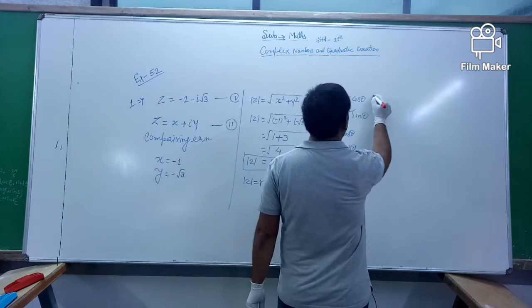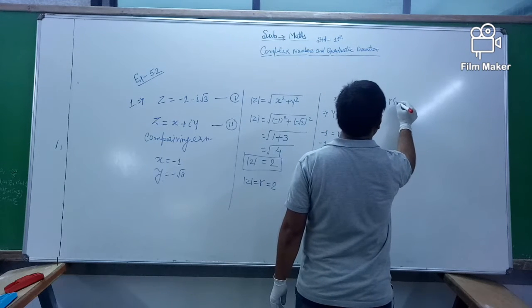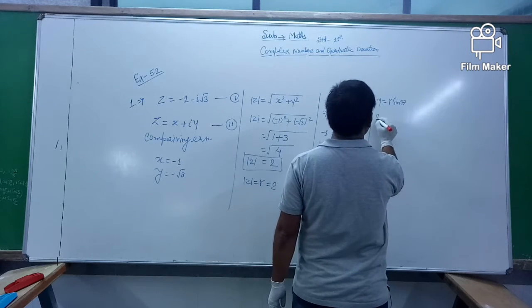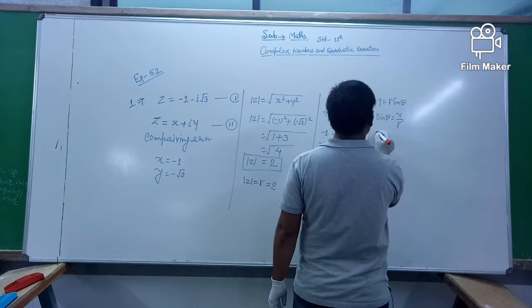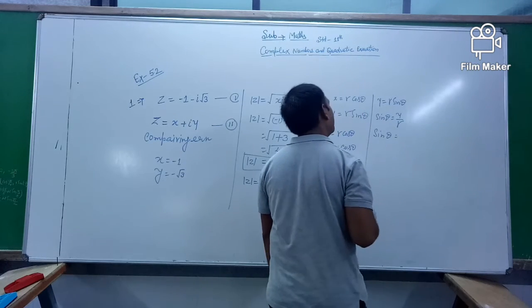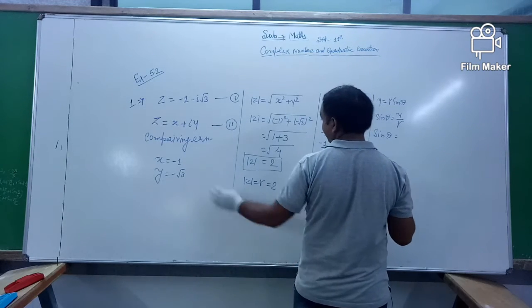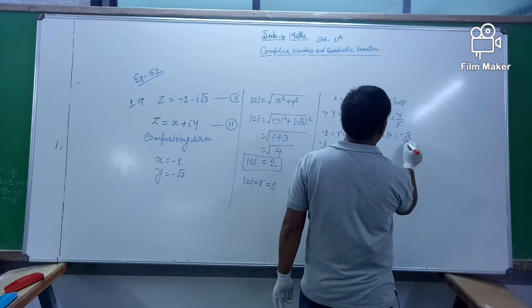Similarly, you take the value of sine, y is equal to r sin theta, either sin theta, that is equal to y upon r. You put the value, sin theta is equal to minus root 3 by 2.